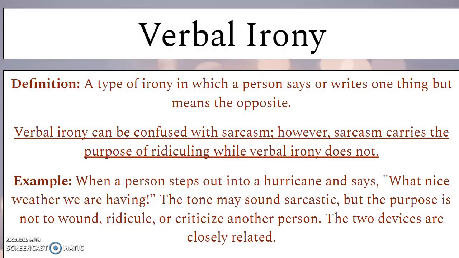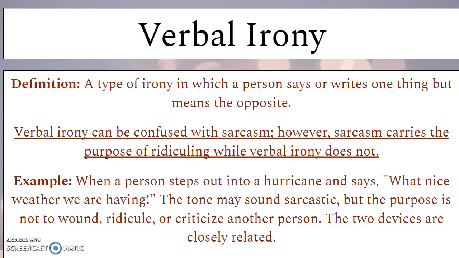Then we have verbal irony. Verbal irony is usually the most commonly used. It's a type of irony in which a person says or writes one thing but means the opposite. So this is your explanation as to why verbal irony and sarcasm are different. Verbal irony can be confused with sarcasm because they are very similar, but sarcasm carries the purpose of ridiculing, while verbal irony doesn't always mean to ridicule.